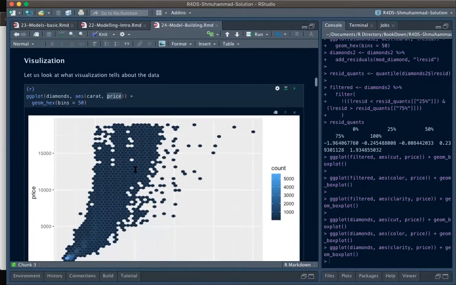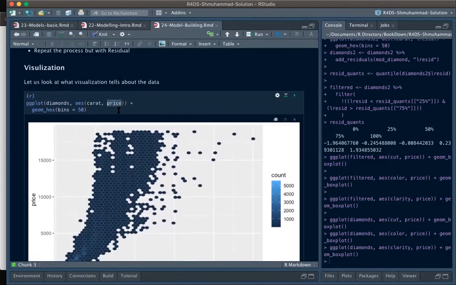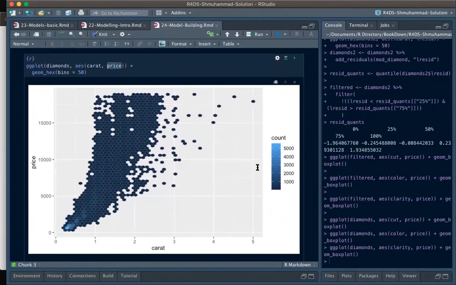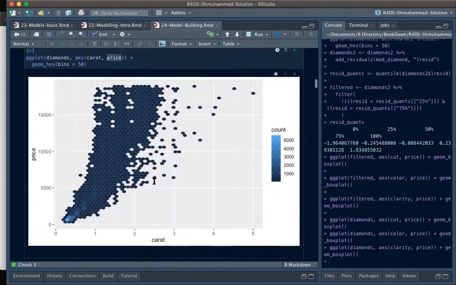When you do the visualization here, we can see that of course there is some kind of relationship between carat and price. However, we have some outliers. The more carat, the size here, the more the price increases. So this is visualized.